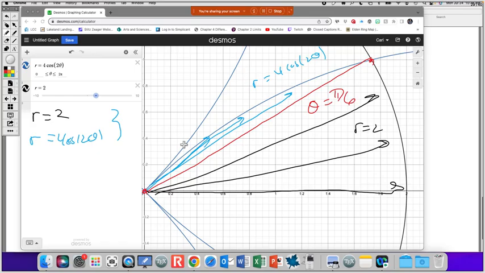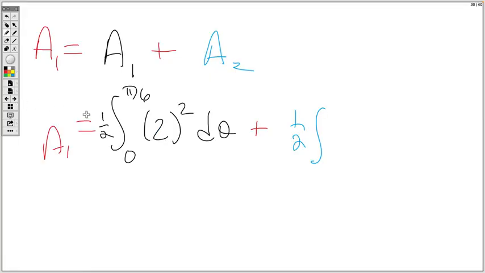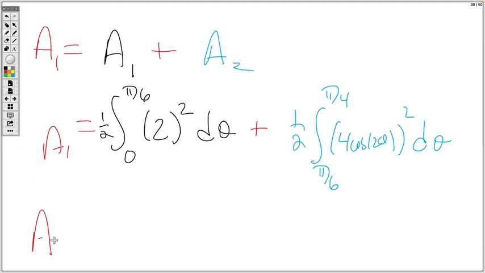And in the previous exercise, we know that it crosses through the pole when theta is pi over 4. And then I take my final answer there and multiply it by 8.